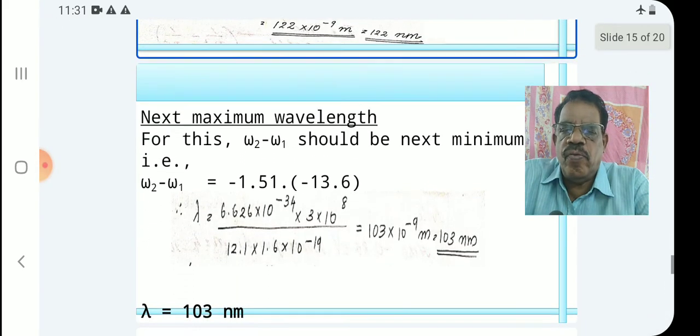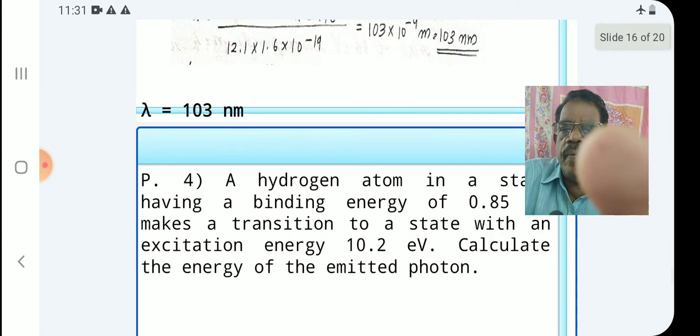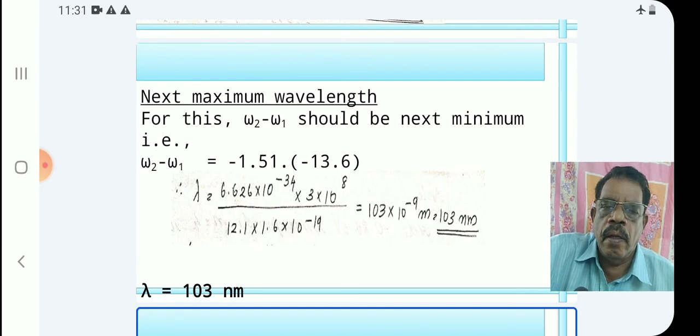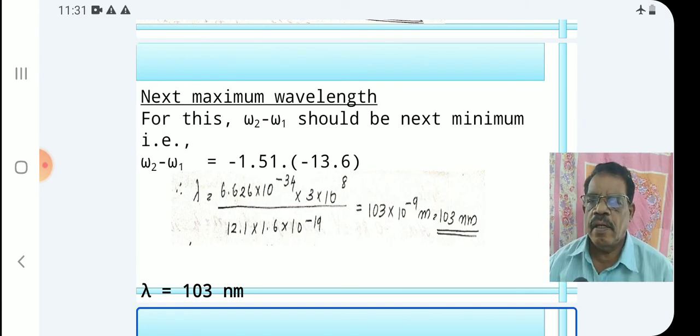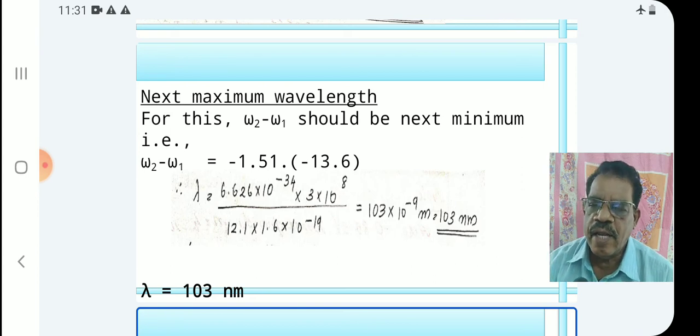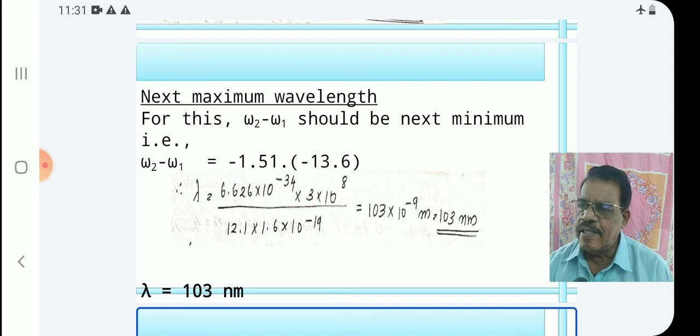Next maximum wavelength. In that case, we have to calculate the energy difference between the second excited state and the ground state, or the third level and the first level. Ground state is first level, first excited state is second level, second excited state is third level. In that manner, we name the orbits.